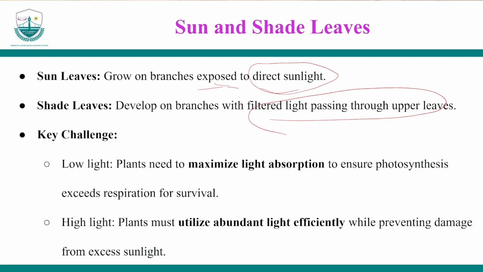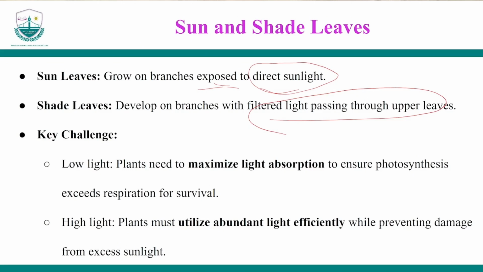So the challenge with those shade leaves is that they receive low light, and therefore they need to maximize that little light that they have to ensure that they can survive. And then those that are exposed to too much light, the challenge is that you need to use that light, but that light should not destroy you.